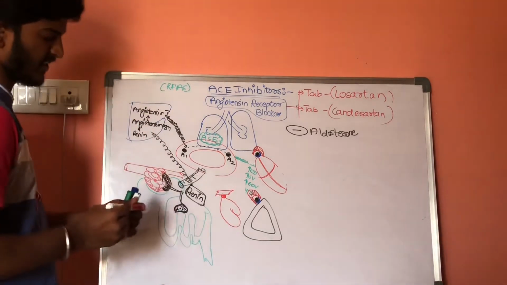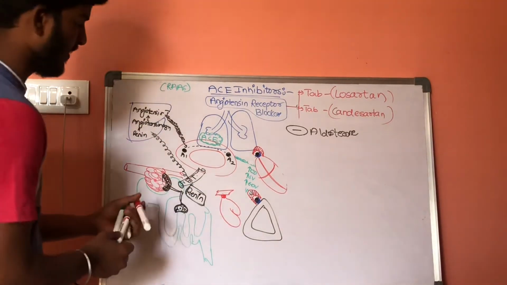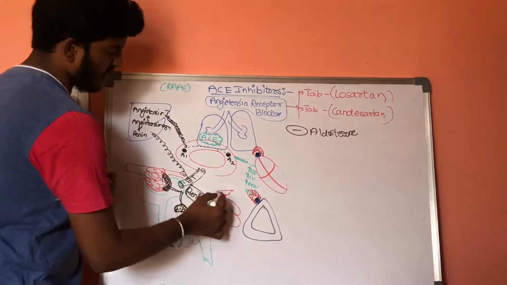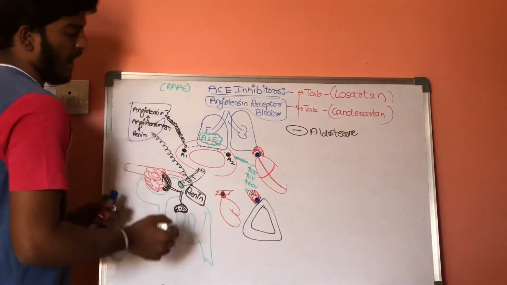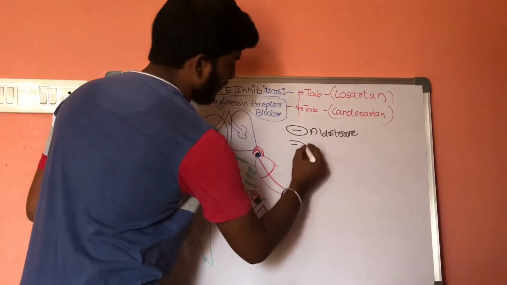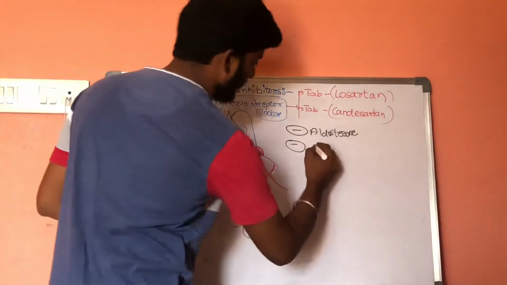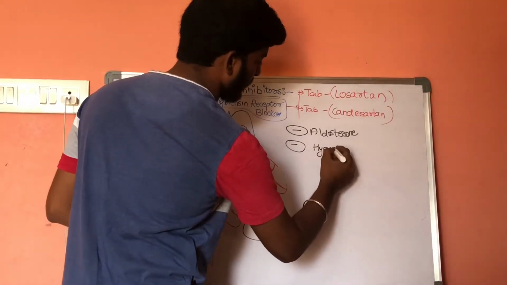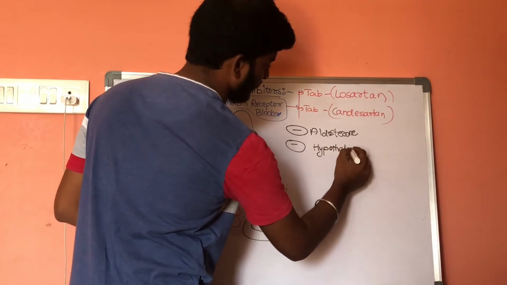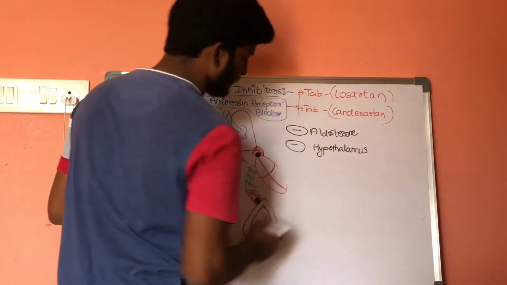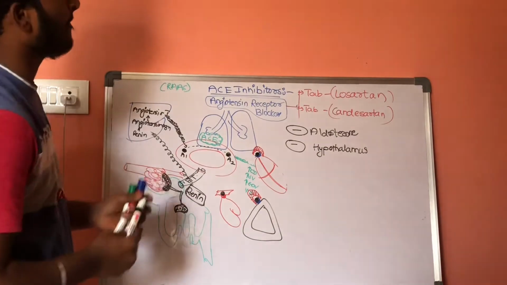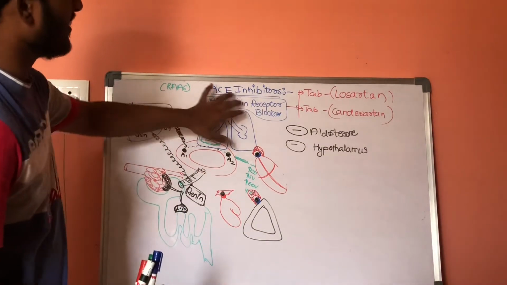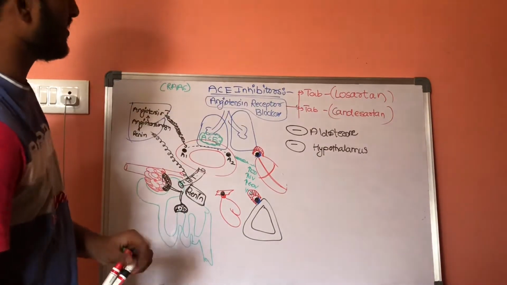Let us consider this is a receptor of aldosterone on the hypothalamus, and it will block this receptor, and the function of the hypothalamus will decrease. It inhibits the hypothalamus. In this way, angiotensin receptor blockers are used in congestive cardiac failure.